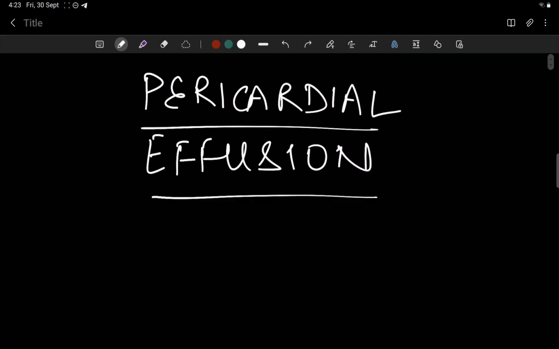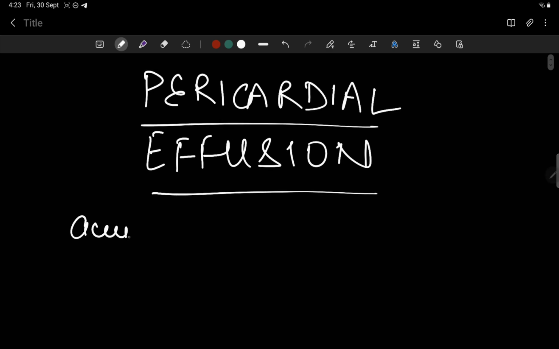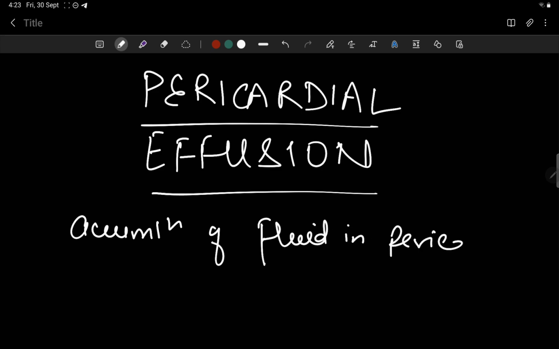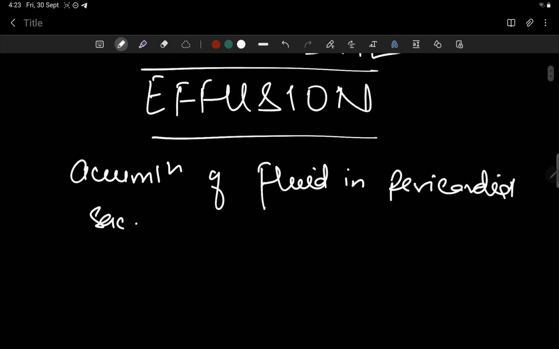So, pericardial effusion is the accumulation of fluid in the pericardial sac. Okay, and what is the normal fluid accumulation? Normal fluid accumulation is between 15 to 50 ml.